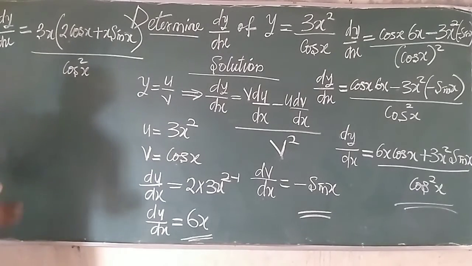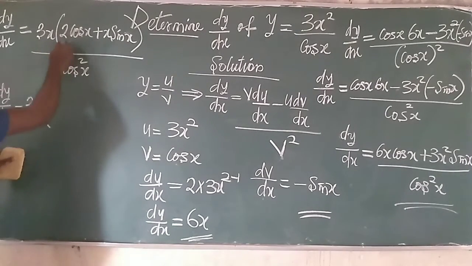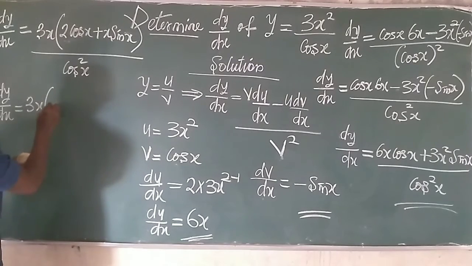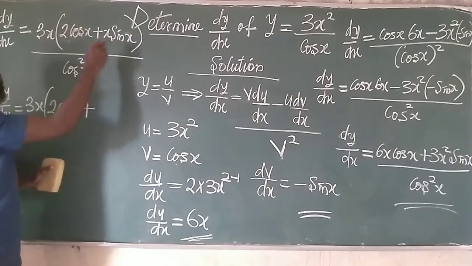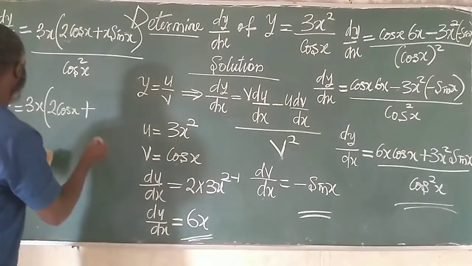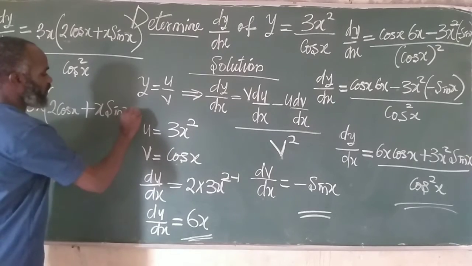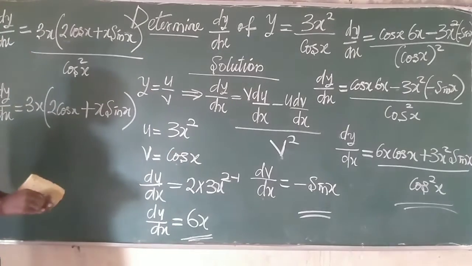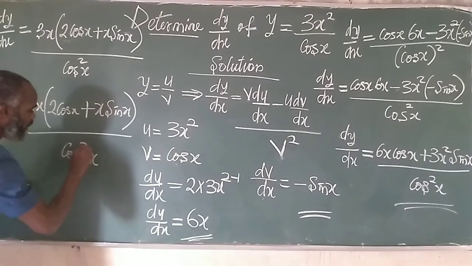Take it again. dy/dx is equal to 3x outside brackets, 2 cos x, plus just x sine x, bracket close, all over cos x squared.